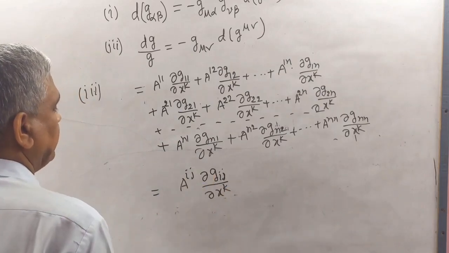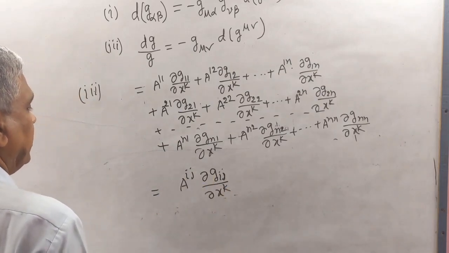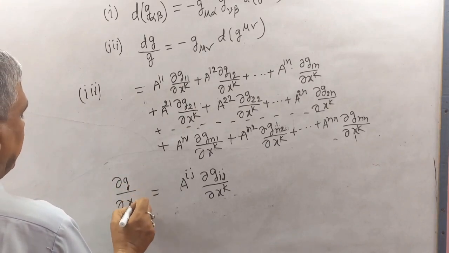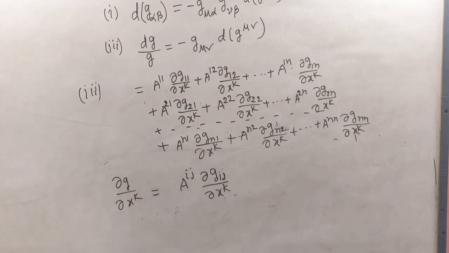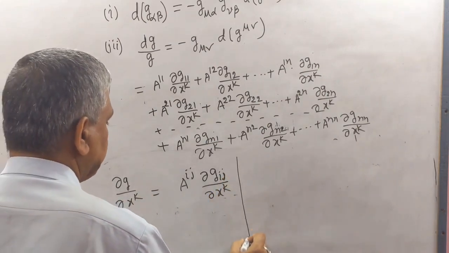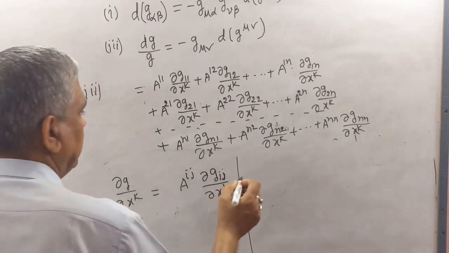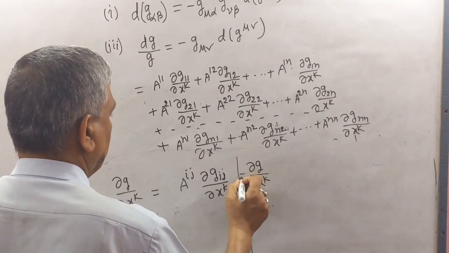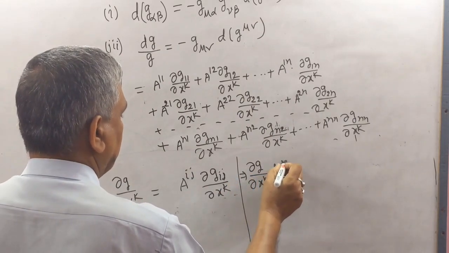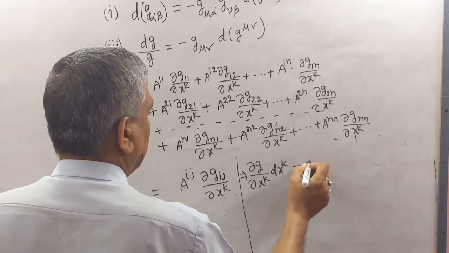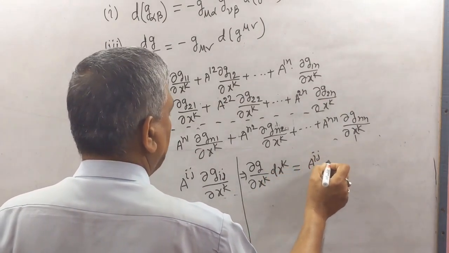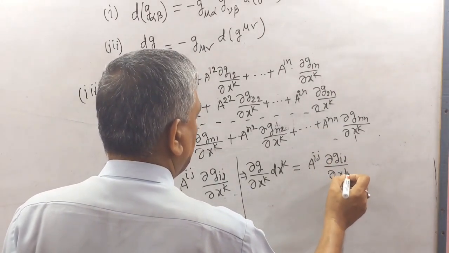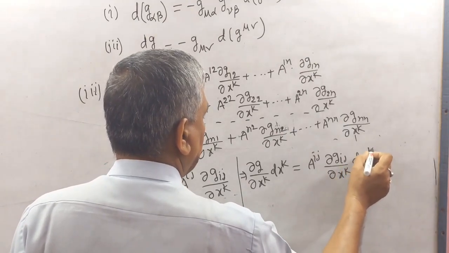I and j are dummy suffixes, and the value of i and j is 1 to n. The left side is del G by del xk. Now multiplying both sides by dxk, del G by del xk into dxk equal to Aij del Gij by del xk dxk.